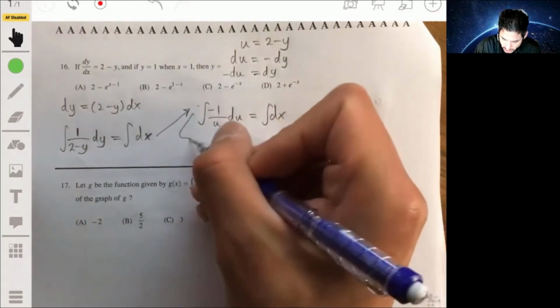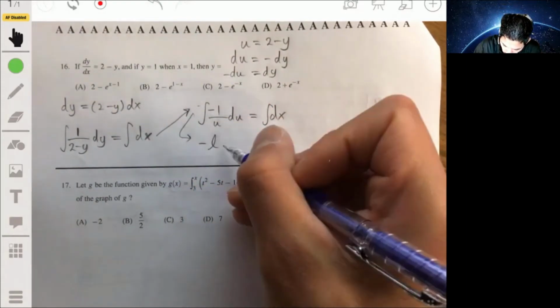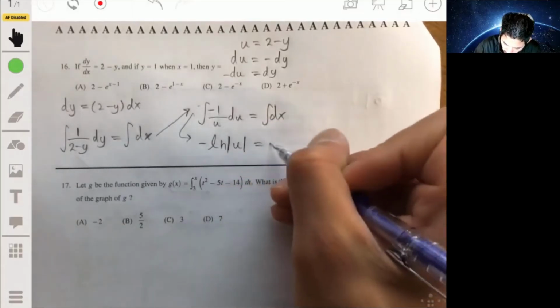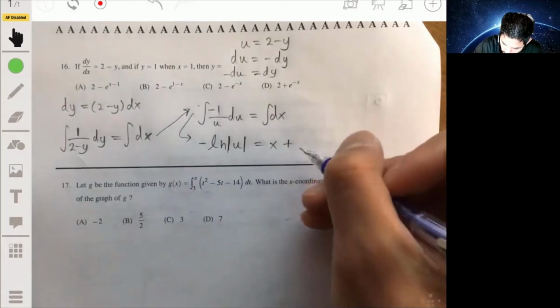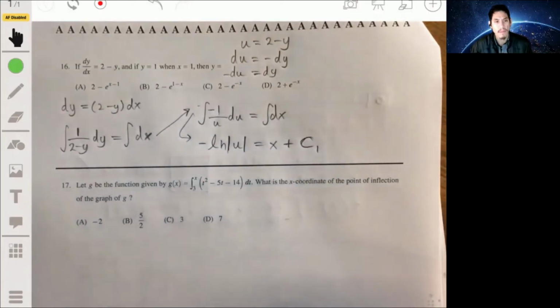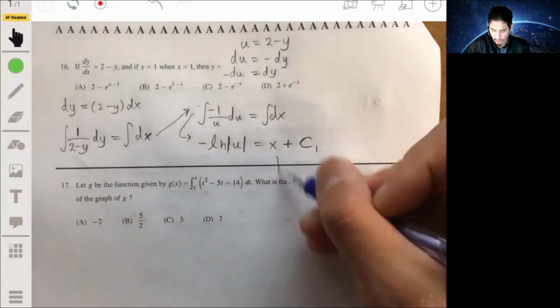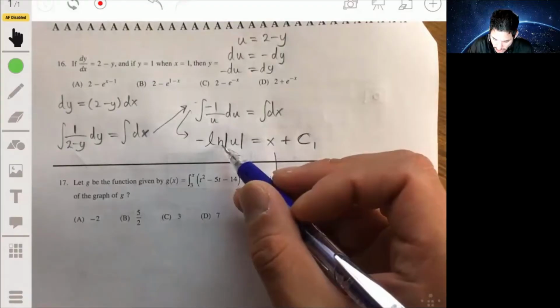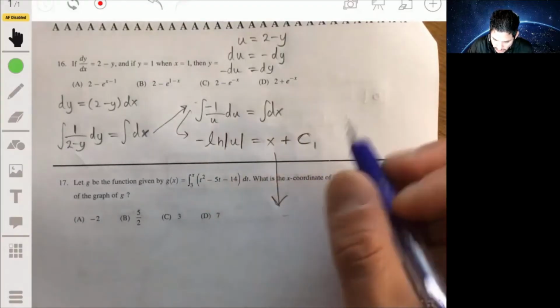So integrating this, we get negative times the natural log of the absolute value of u is equal to x plus some constant, c1. I'm going to work it out down here so that I don't have to squeeze it all in. And then here, let's just distribute this negative to the right side.